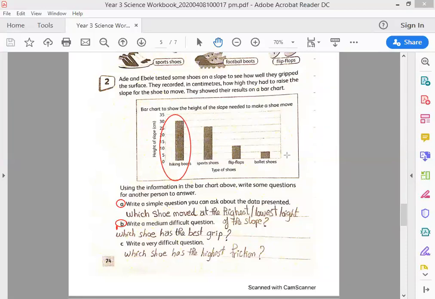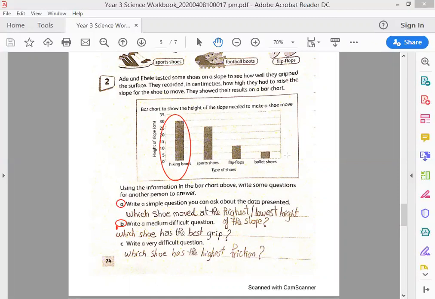By the way, hiking boots are the boots used in climbing the mountain. Some say hiking and some say hiking, both are right, it's okay. So hiking boots are used to climb mountains. They must be so rough, so they would have high friction, so the man who's climbing the mountain doesn't slip down, okay?